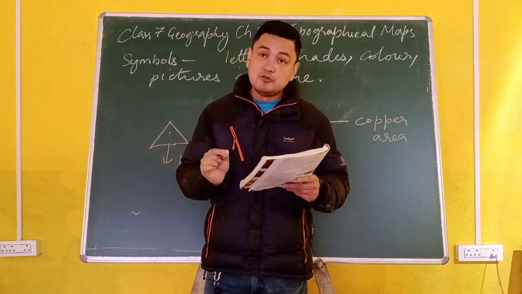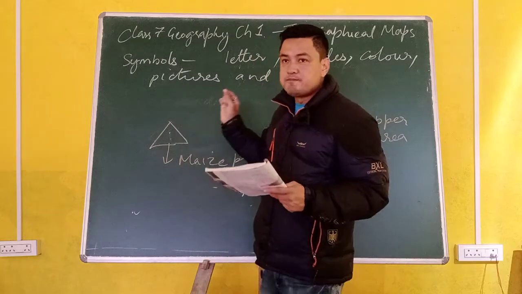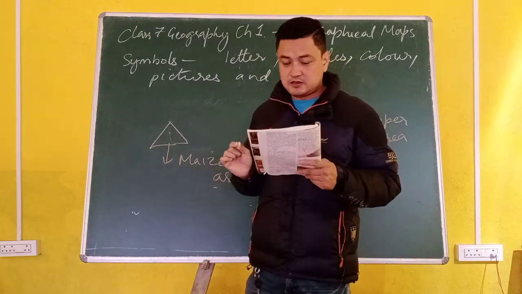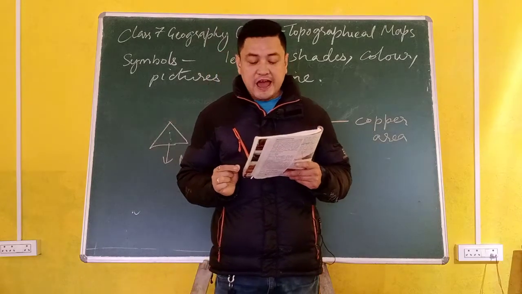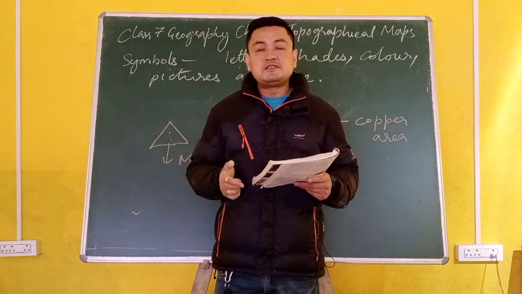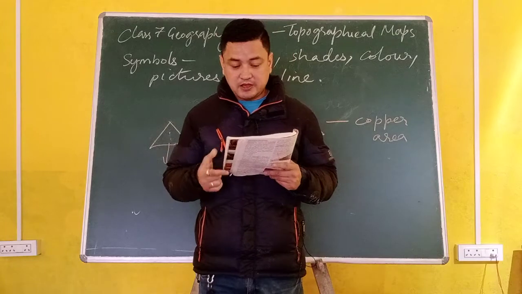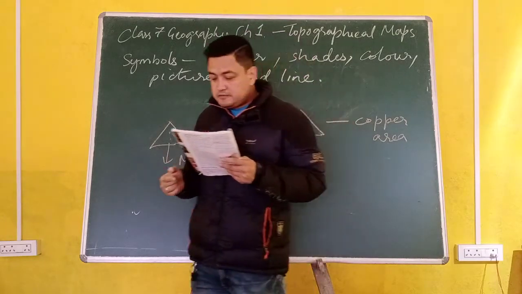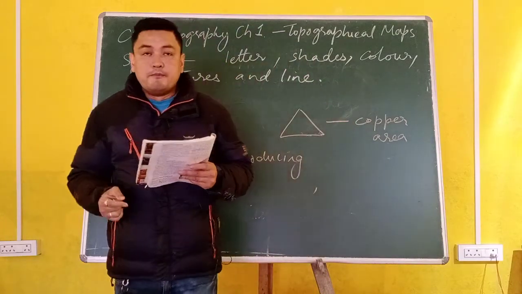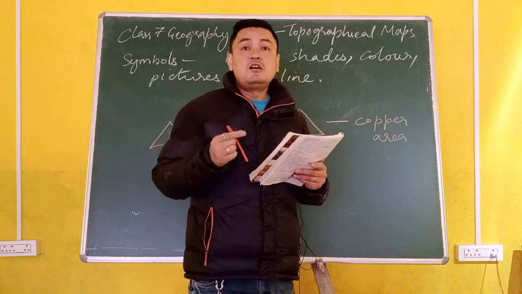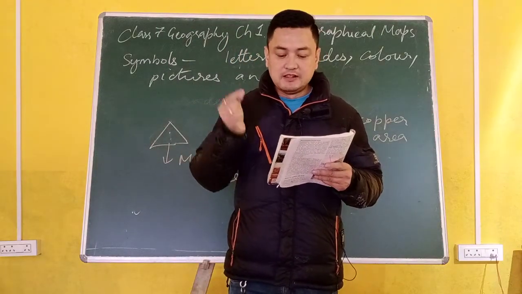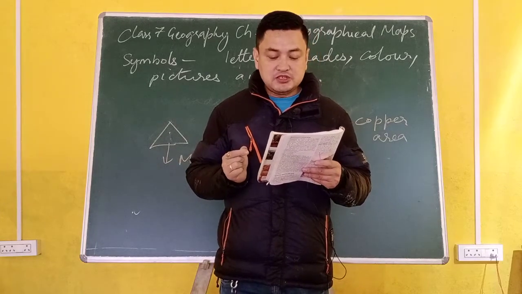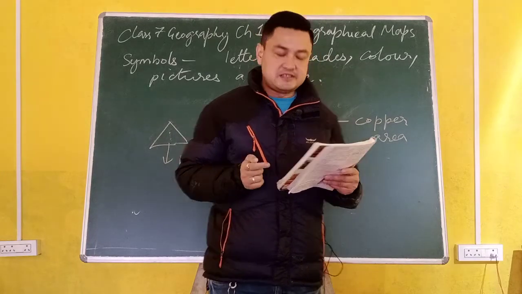So the symbols which are used for different purposes were fixed, not able to change, and they were universally accepted. Universally accepted means accepted by everyone. Maps have a universal language.